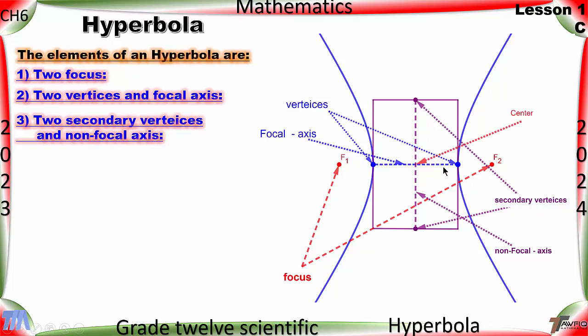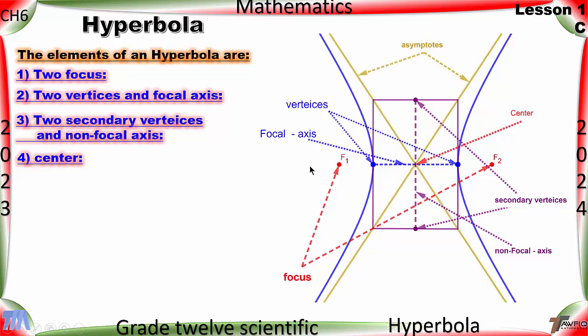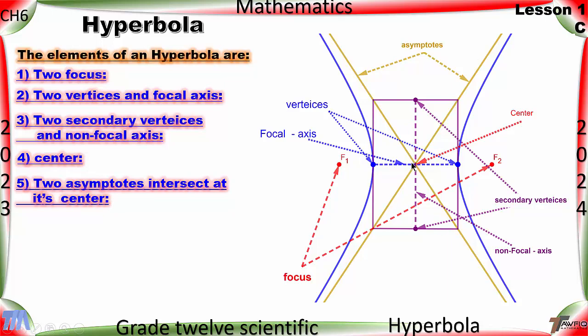The intersection between the focal axis and non-focal axis is called the center of the hyperbola. And we have two asymptotes intersecting at the center of the hyperbola.